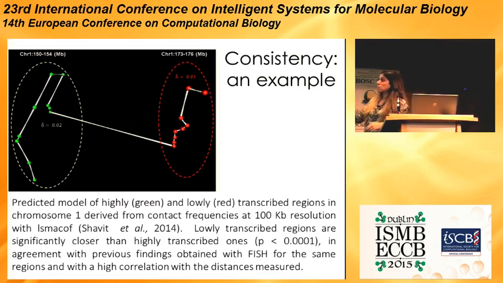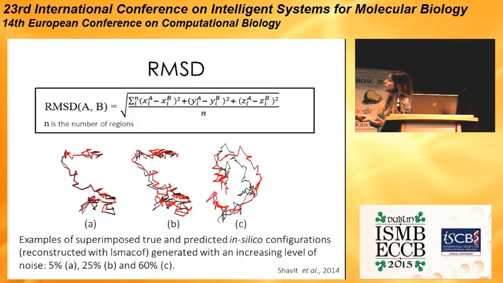In this specific case, what you see here in green are highly transcribed genes in chromosome 1, and in red are lowly transcribed genes. And what they found in the original paper, Finn and Misteli, is that highly transcribed genes are far apart when compared to lowly transcribed genes that are more condensed. And we managed to capture the same trend with 3C-based modeling, which is encouraging.